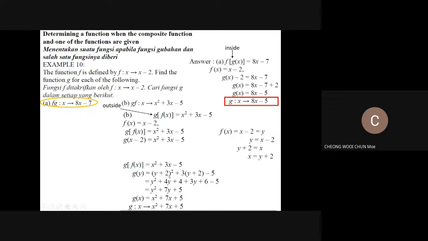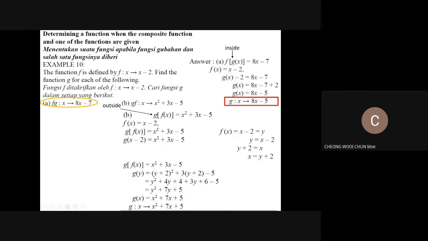Then the middle term: since it is a square, it's 2 times y times 2. So 2 times 2 is 4, 4 times y is 4y. You get this answer faster this way, because we don't have much time to calculate using the long method in MS.